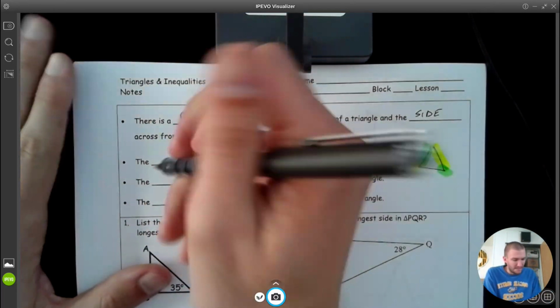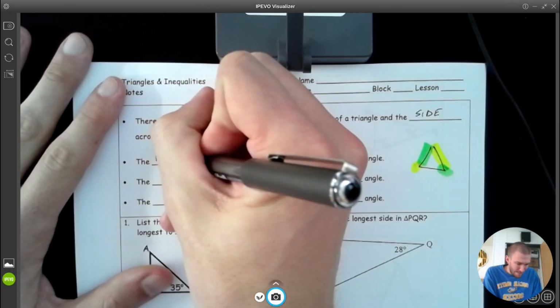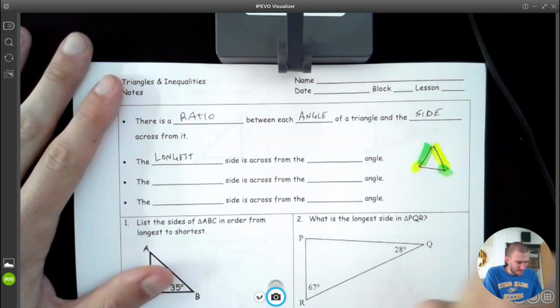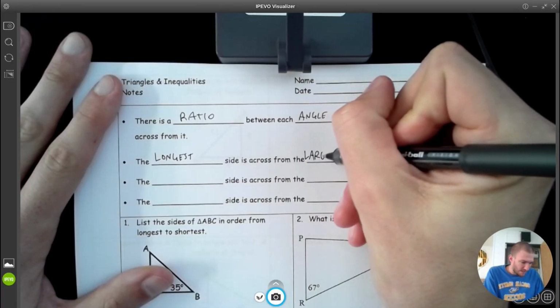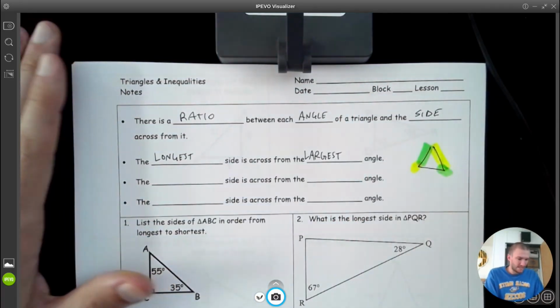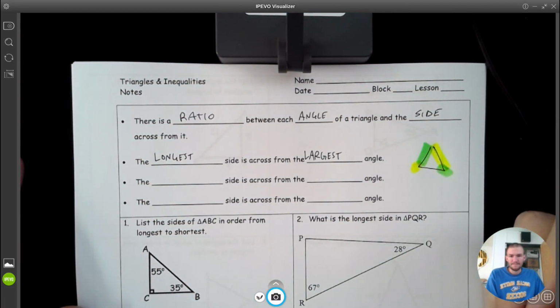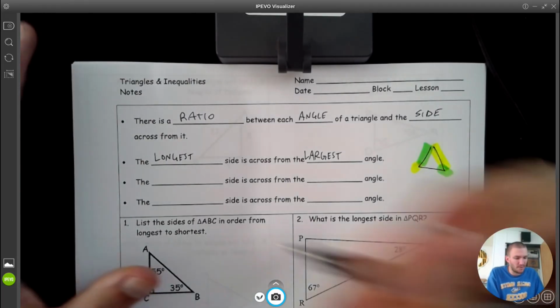Now, what that means is that the longest side is across from the largest angle. Basically, it's just big matches with big.